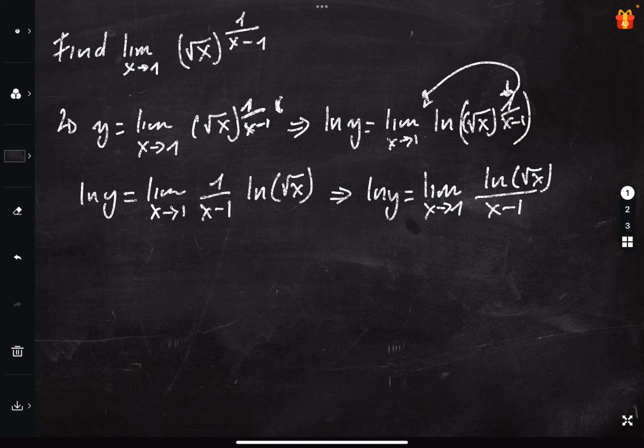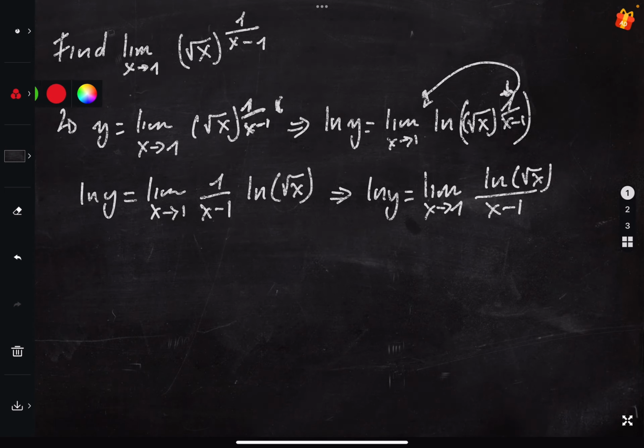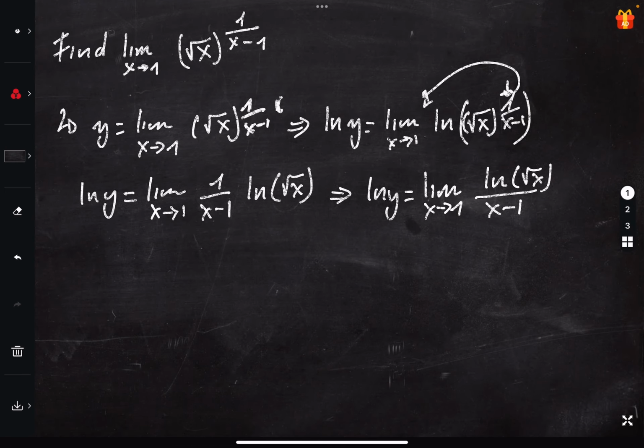If I try to put 1 for x, I end up with square root of 1, and then I have 1 minus 1, which will give me 0. And here, if I take the natural log of square root of 1, which is definitely just natural log of 1, that will give me 0. So I end up with 0 over 0, which is not acceptable.